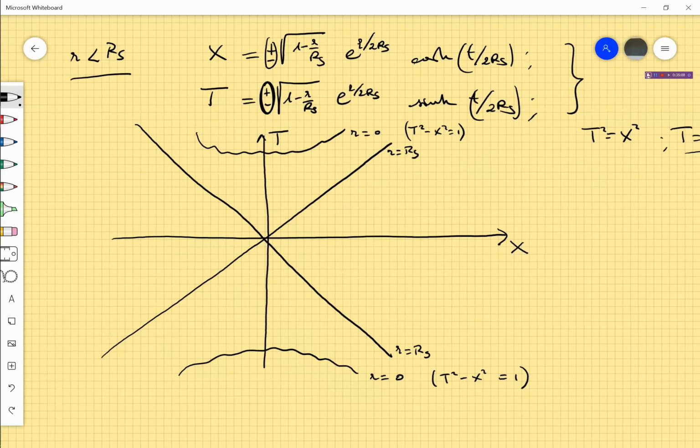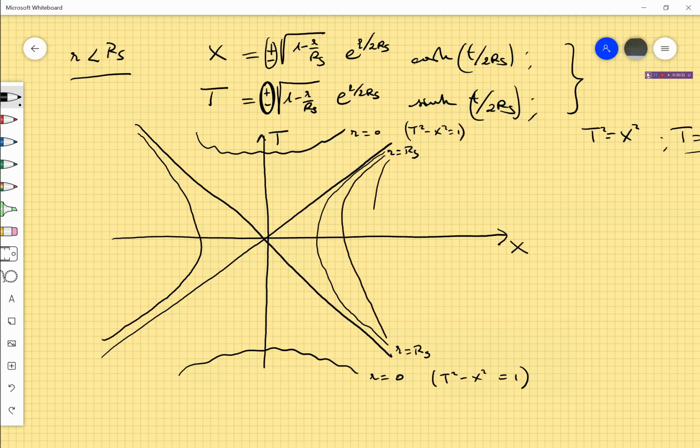The lines of constant r, but r larger than rs, are this kind of hyperbolas. They are always doubled, okay? You have two branches.